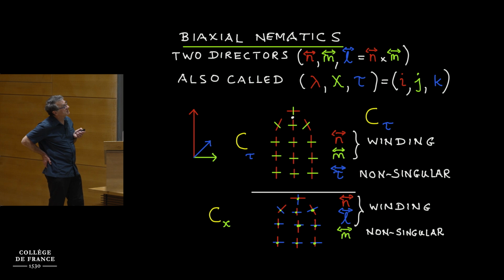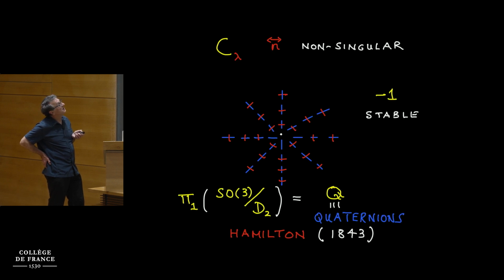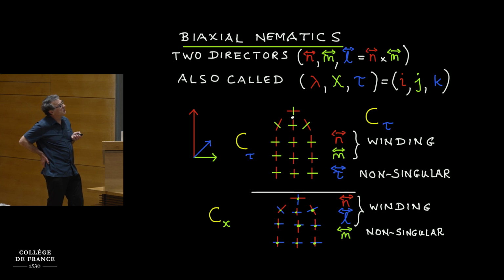So that's one structure. Then you can have N and L winding and not the other one winding. And the third one would be one of the other set of pairs winding and the third one not.